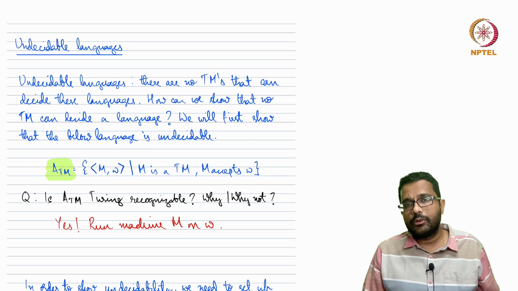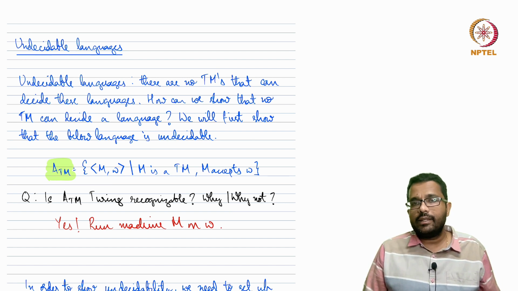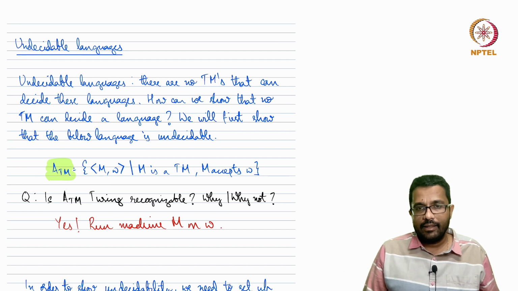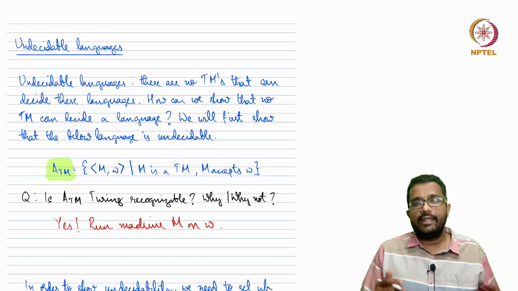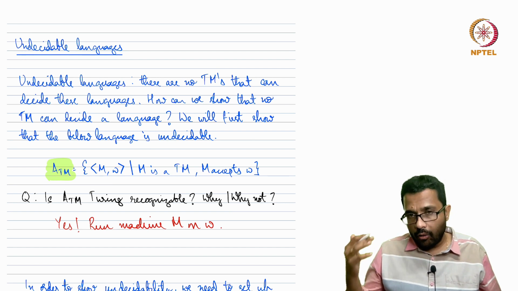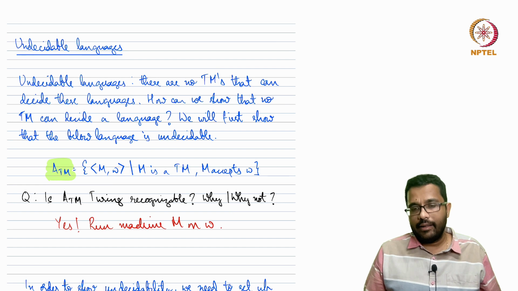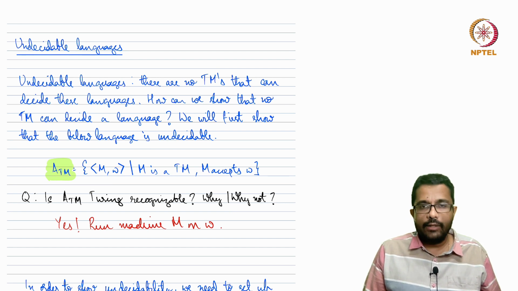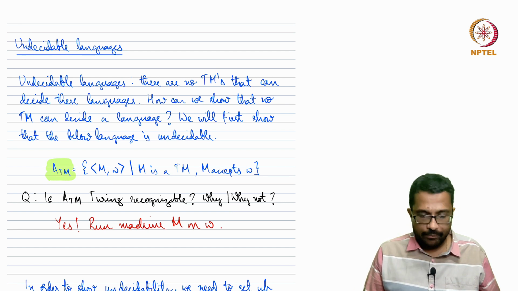It will also continue to loop, because what we are doing is simply running M on W and then reporting whatever the outcome is. So if M loops on W, this is not going to reject, but a decider for ATM has to reject M comma W if M does not accept W.